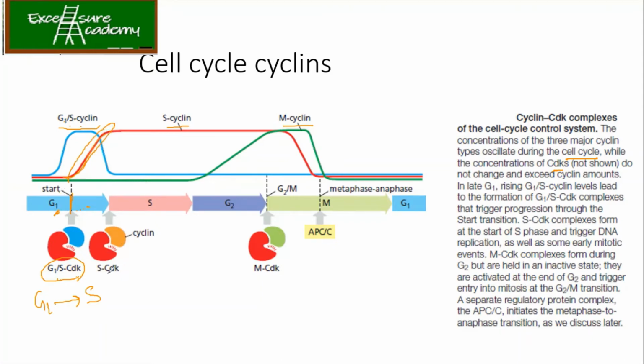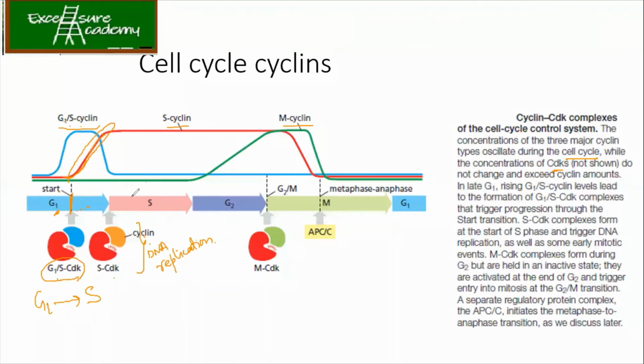Now you have got the S-CDK cyclin complex ready, right? So what will be its function? To start or initiate your DNA replication. Okay, this much is clear. The function of G1 S-CDK and S-CDK.